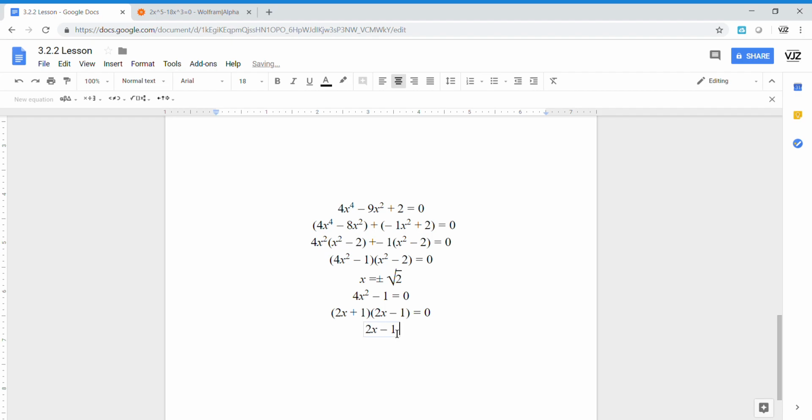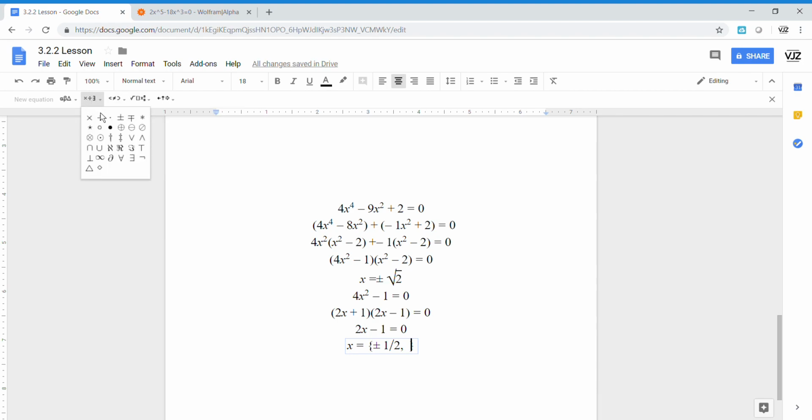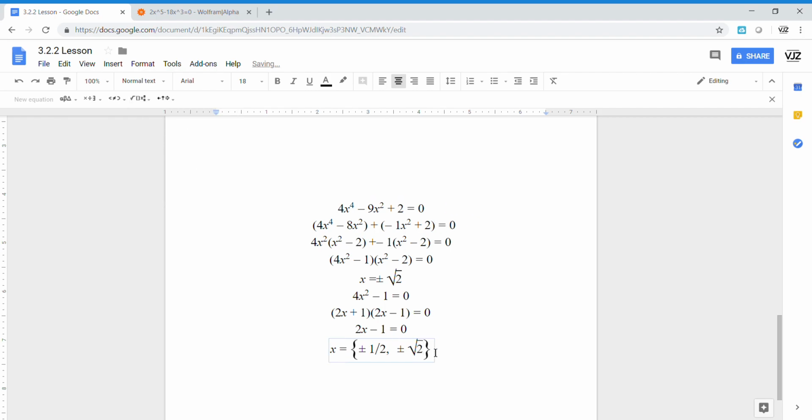Come on, linear equation. Okay, and then we just do x equals. I'm just going to skip some steps because you should get it. It's just equal to plus and minus 1/2, and this right here, which is plus and minus the square root of 2.